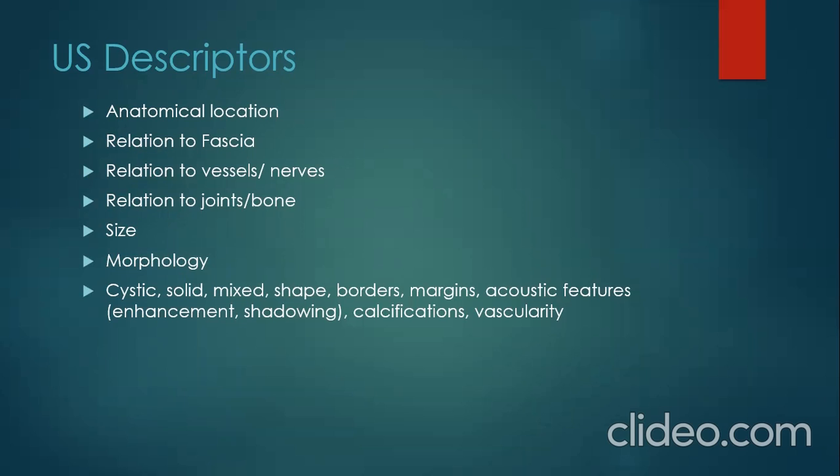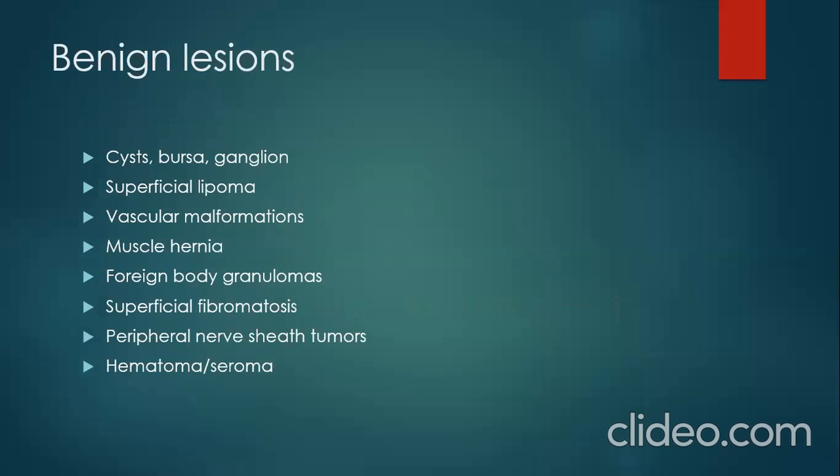Or are we dealing with a mixed lesion? You need to look at the shape of the lesion. How are the borders of your lesion and their margin? Are there any acoustic features? What do you see posterior to the lesion? Is there any enhancement or is there any shadowing? Are you seeing any associated calcifications inside your lesion? And how is your vascularity? You need to note down all of that.